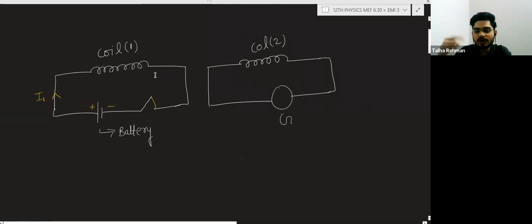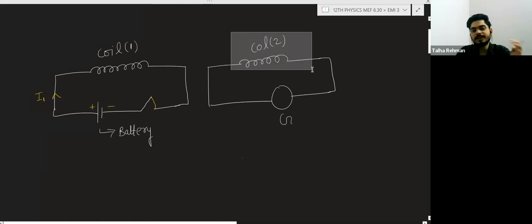A current carrying solenoid produces a magnetic field, and the effect of the magnetic field produced by solenoid 1 will be here also. So when the current increases in this coil, the magnetic field due to this coil here will increase.